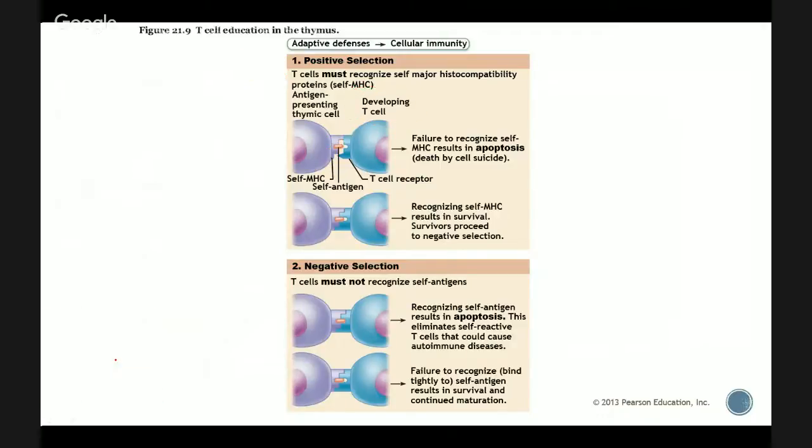You can see that? This bottom part is kind of pointy, where here it's squared off. So it's not a match. This is an example of a T cell that's developing that doesn't recognize the body's own proteins. And this is really important.